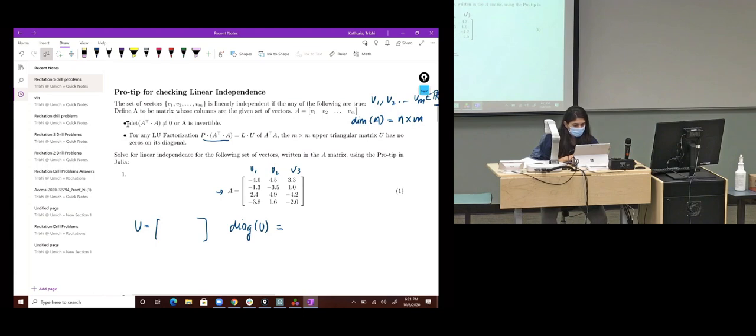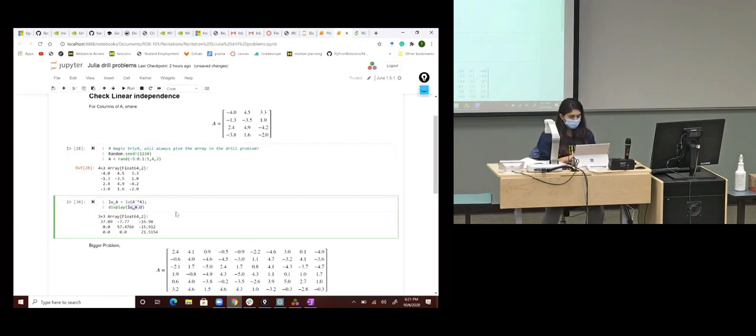So these two ways of checking our solution are actually equivalent, but we know that a better way to do it is not to use the determinant, but to use the LU factorization. So that's what we did.